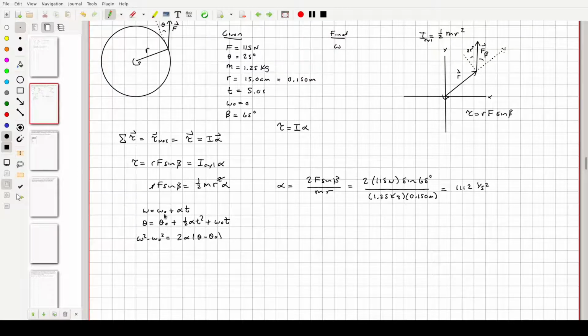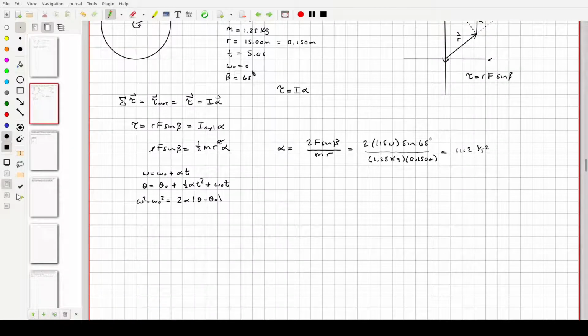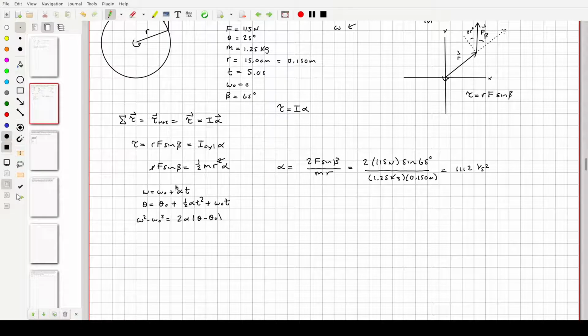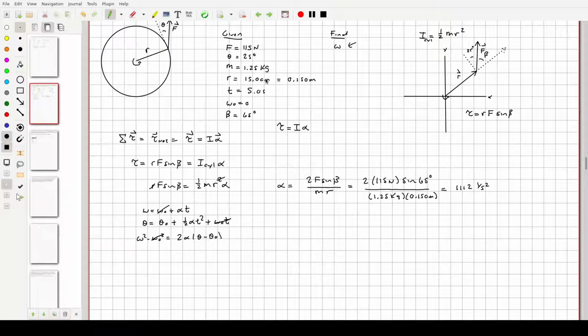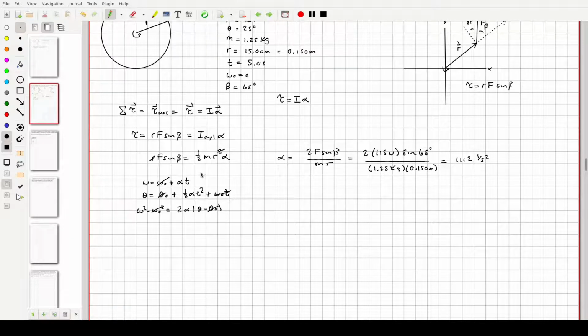Okay? Now, let's not lose sight of what we're trying to find. We're trying to find omega. We're given t, we're given an initial velocity of 0, so if we go ahead and plug that in, that gets rid of a couple of terms. We're going to assume our starting angle also is 0 radians, which really isn't going to affect what we're trying to do, because at the end of the day, we're going to be using this equation right here. So omega is equal to alpha times t.